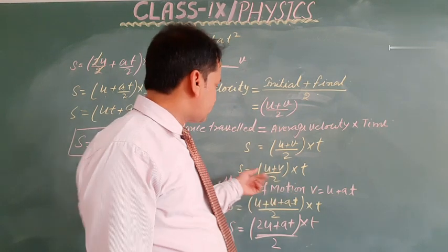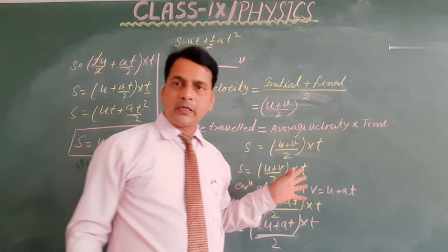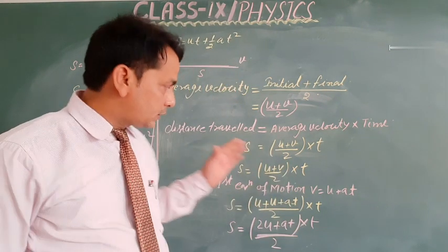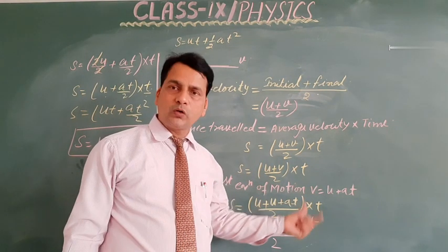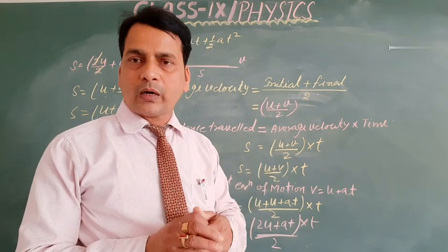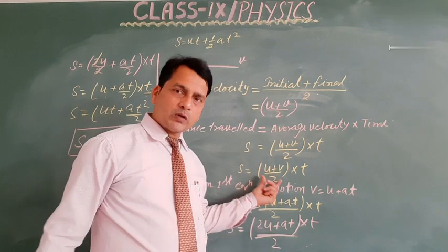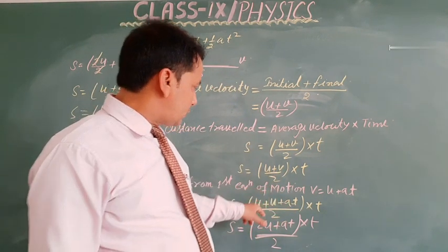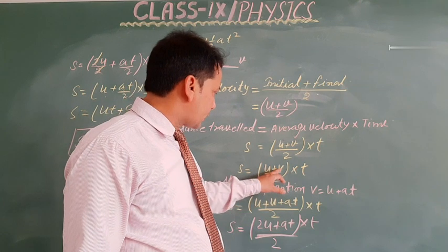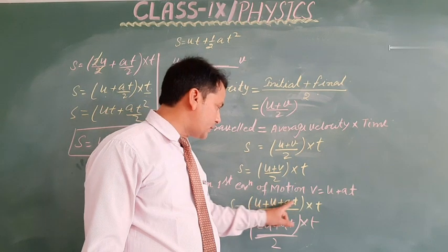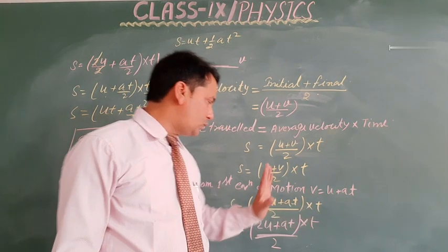Here v means the final velocity. From the first equation of motion, v equal to u plus at, we put this value of v in the above equation. So u plus u plus at by 2 into time.